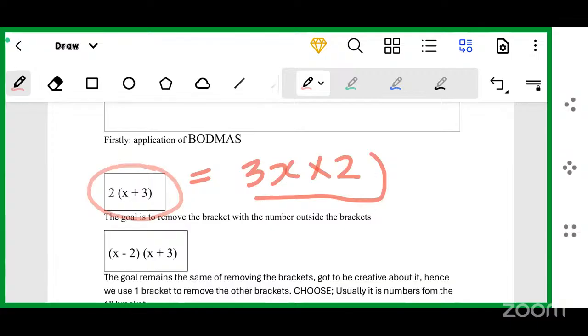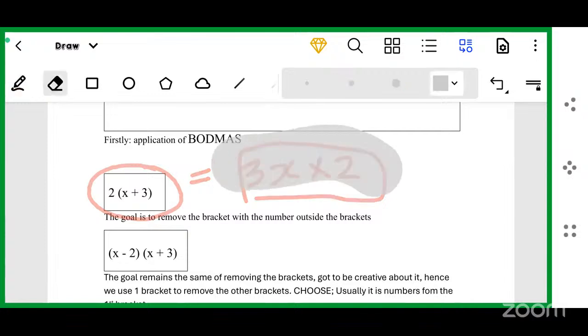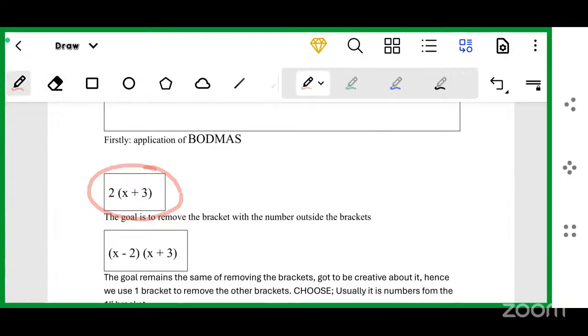So, do you know like terms? Let me remove this and play the like terms game. Is x plus x like terms? Yes.